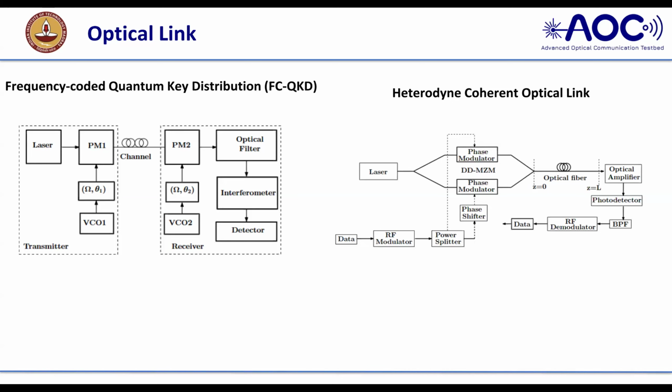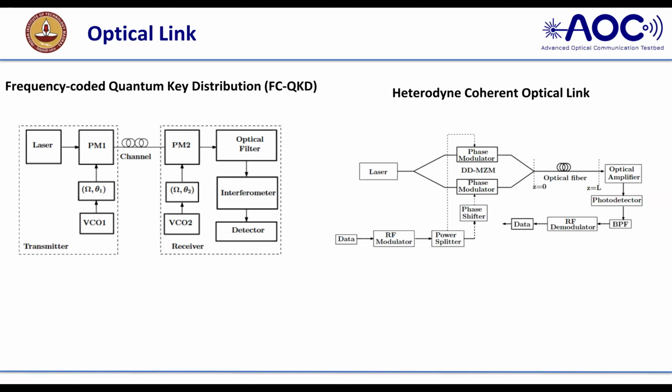This is given to the input of my phase modulator, and then to the channel. After the channel, it goes once more to phase modulator 2, and with the help of an optical filter and an interferometer, we have the correlation function and we see the spectrum at the detector. We calculate the performance of the FCQKD system.